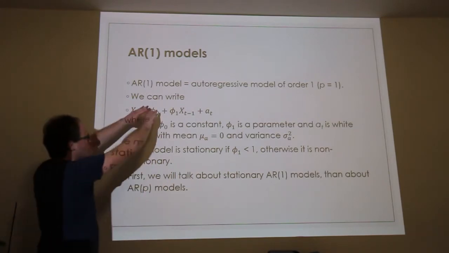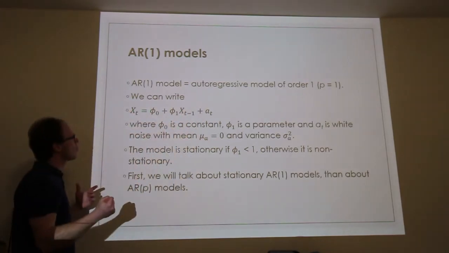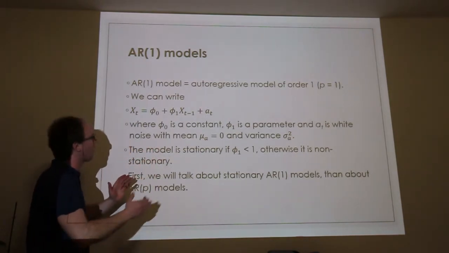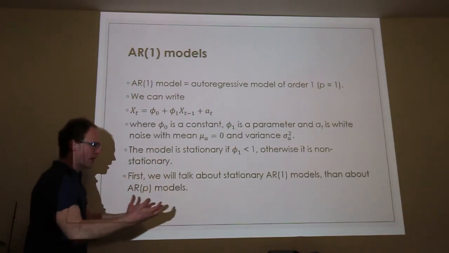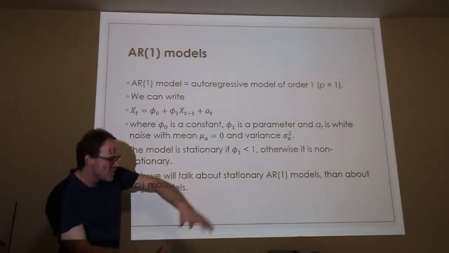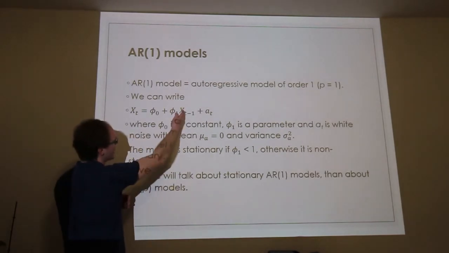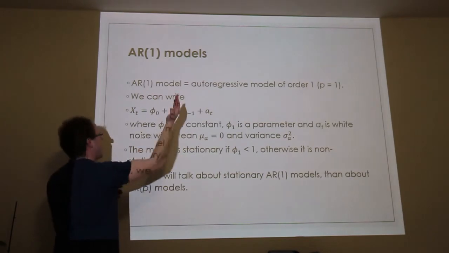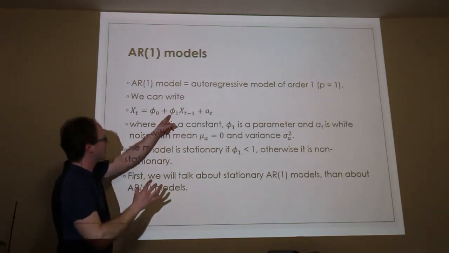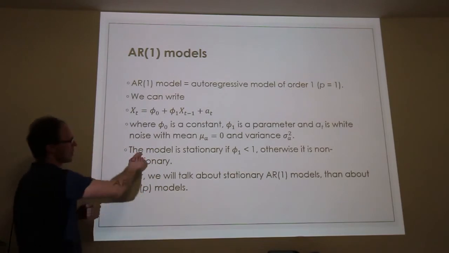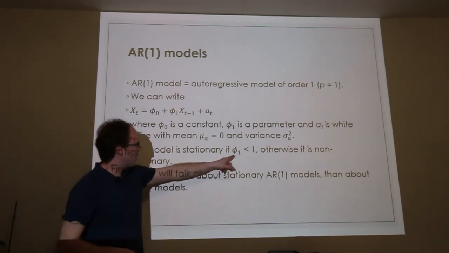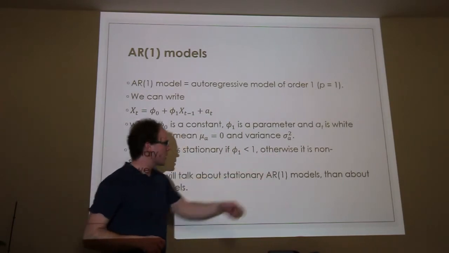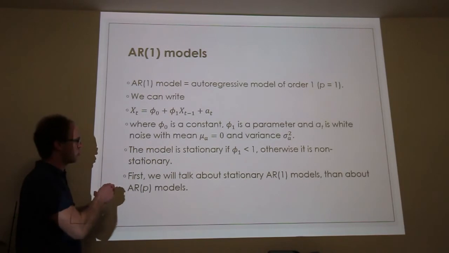So this is the basic structure of the model and the basic principle of the autoregressive model. It means that I in time t depend on me in time t minus 1 in some way, and this is represented by the parameter phi 1. The model is stationary if the absolute value of phi 1 is smaller than 1, otherwise it is non-stationary.